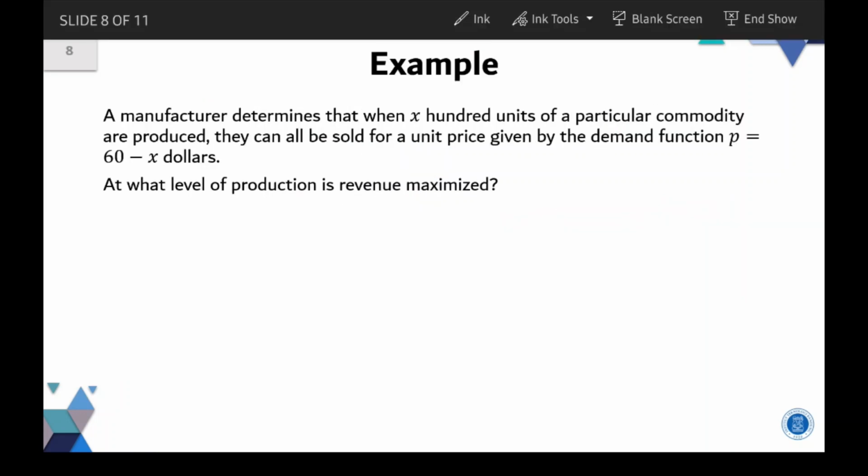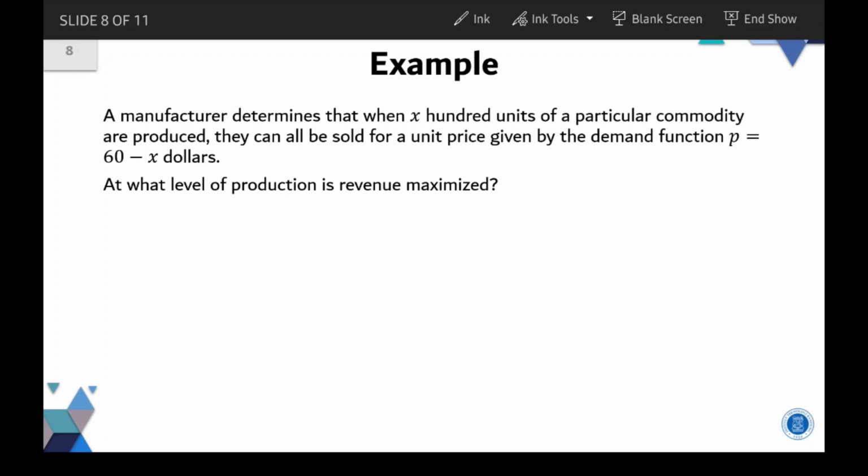Okay, let's see one example connecting to parabola. We have a manufacturer producing a particular commodity. When x hundred units of that commodity are produced, they can be sold for a unit price given by that function.